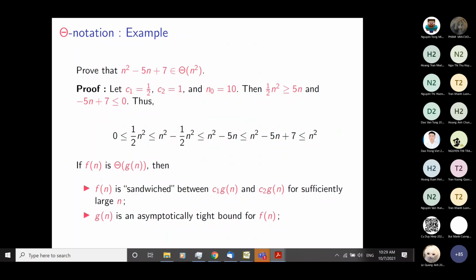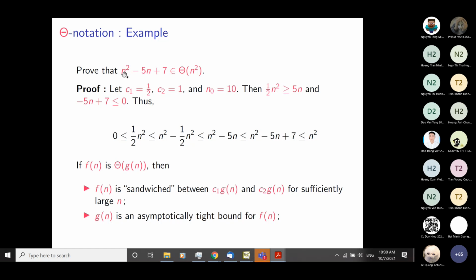So here we have an example. And I select C1 to be 1 over 2. So if C1 is 1 over 2, for which value of n is this going to be smaller than n squared? I need to have this term here greater than 5n.